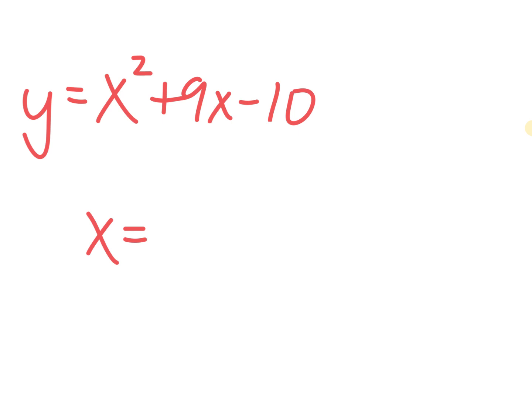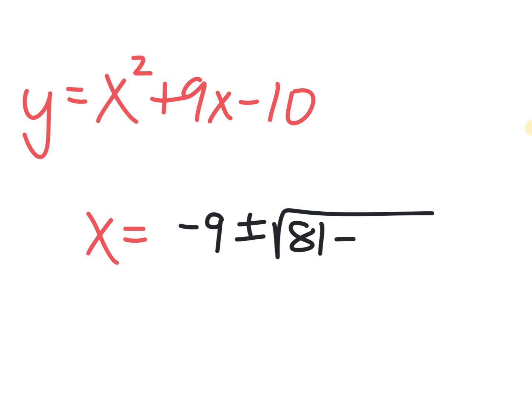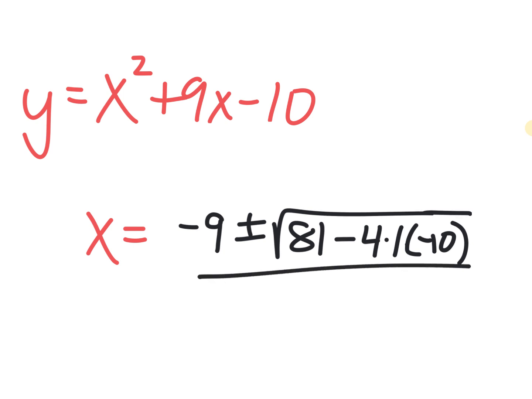Carter Johnson, can you tell me what negative b is? Negative 9, but I know what you mean. Plus or minus the square root of b squared, which is 81, minus 4 times a, which is 1, times c, which is negative 10. I put it in parentheses because I don't want to forget that negative. All over 2a, which is 2.